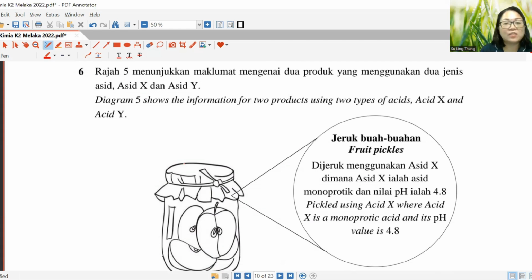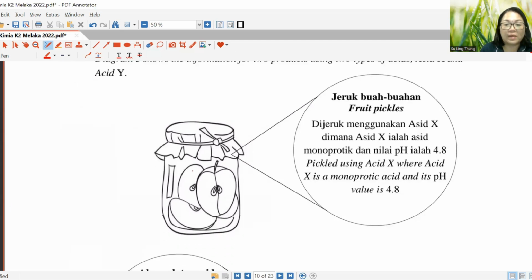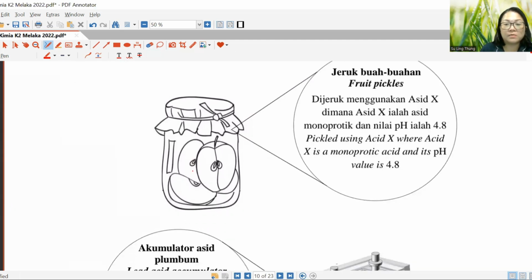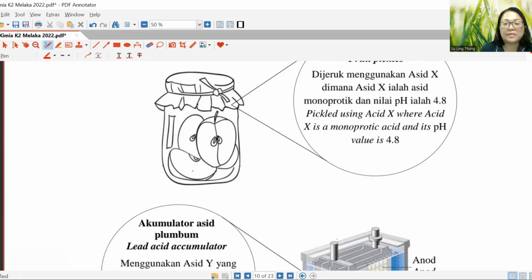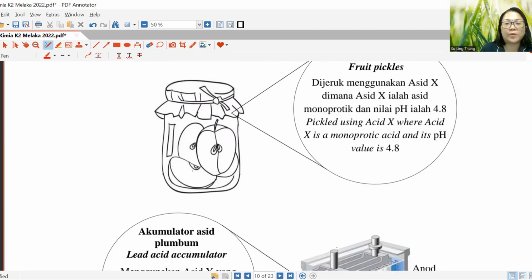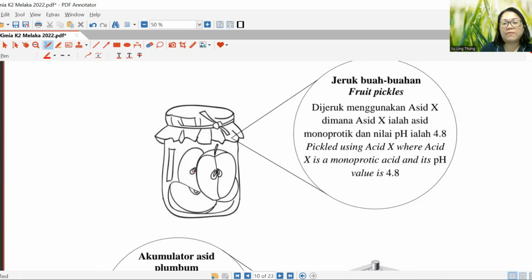Okay, now let's look at question 6. Diagram 5 shows the information for two products using two types of acids, acid X and acid Y. Okay, so it's pickled using acid X, where X is a monoprotic acid and its value is pH 4.8. You always remember, if the acid is used to make pickles, there's none other than ethanoic acid.